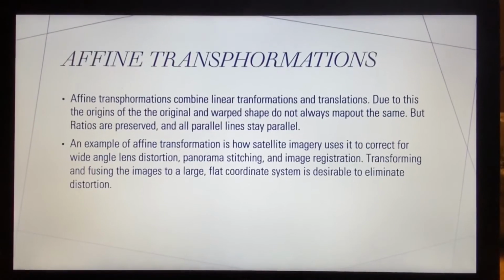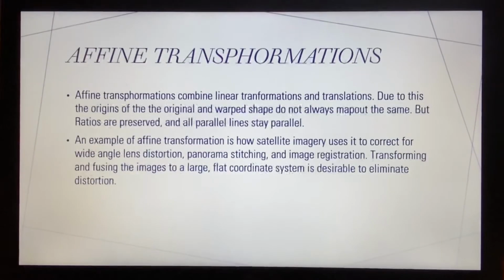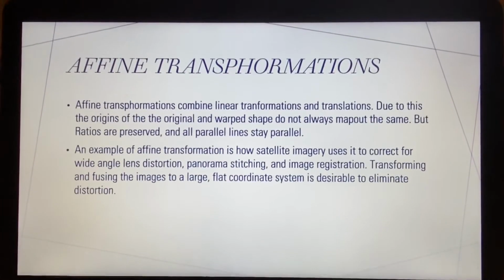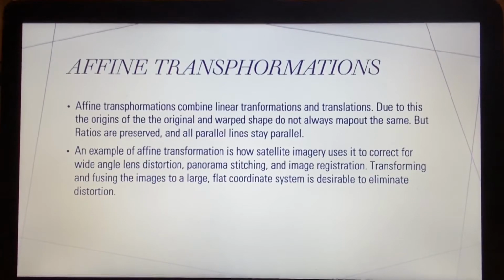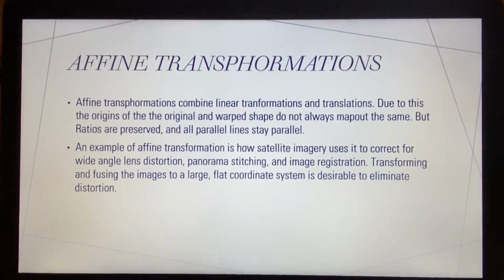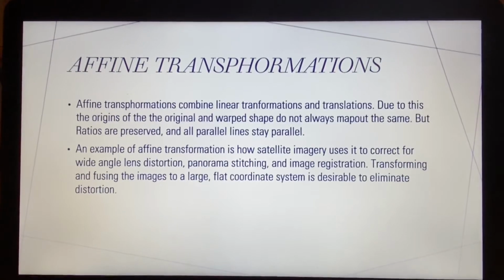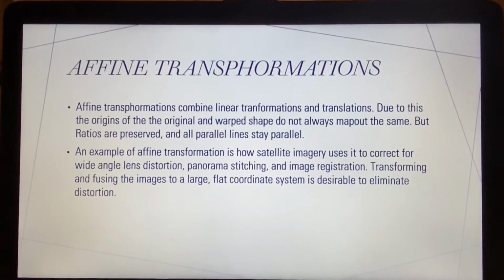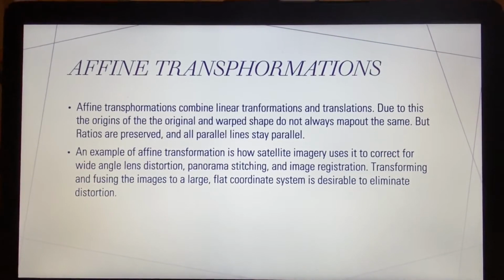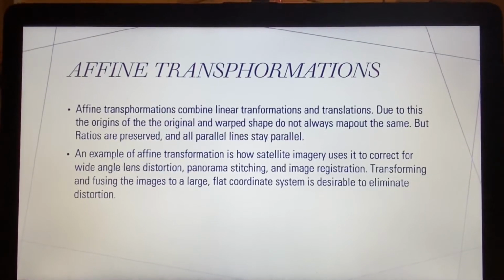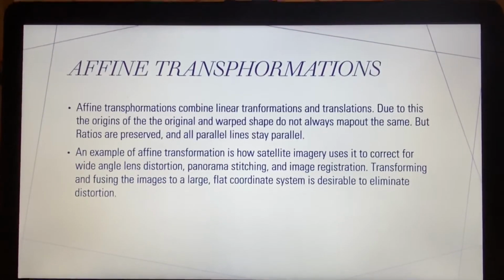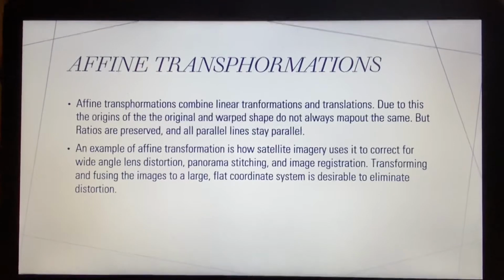Affine transformations. Affine transformations combine linear transformations and translations. Due to this, the origins of the original and warped shape do not always map out the same, but ratios are preserved, and all parallel lines stay parallel.